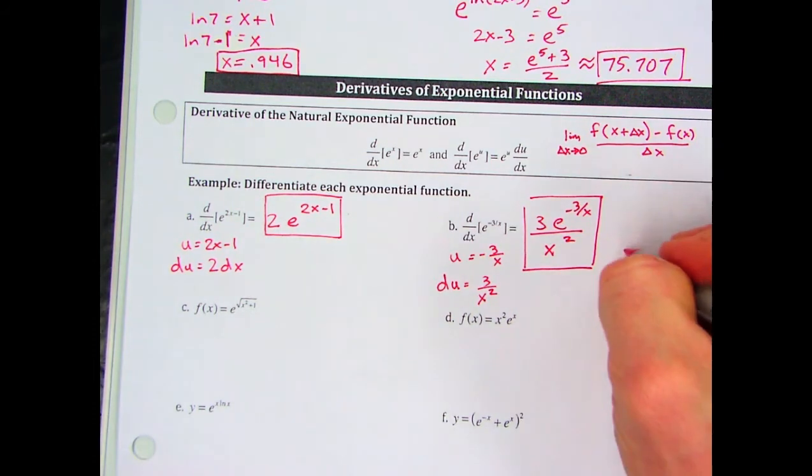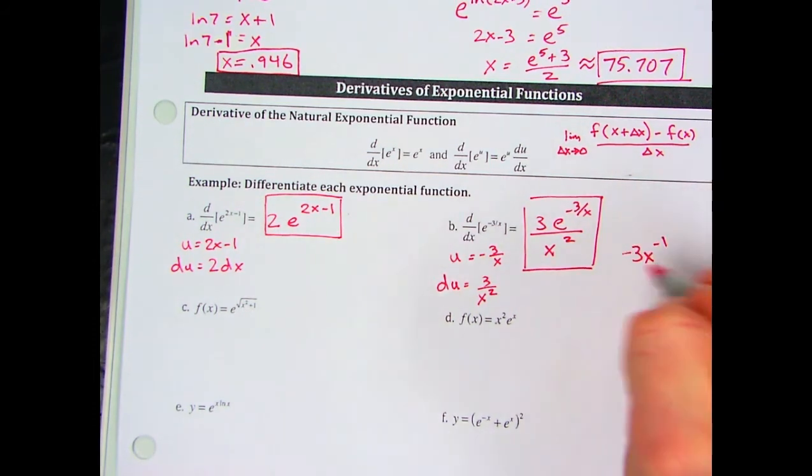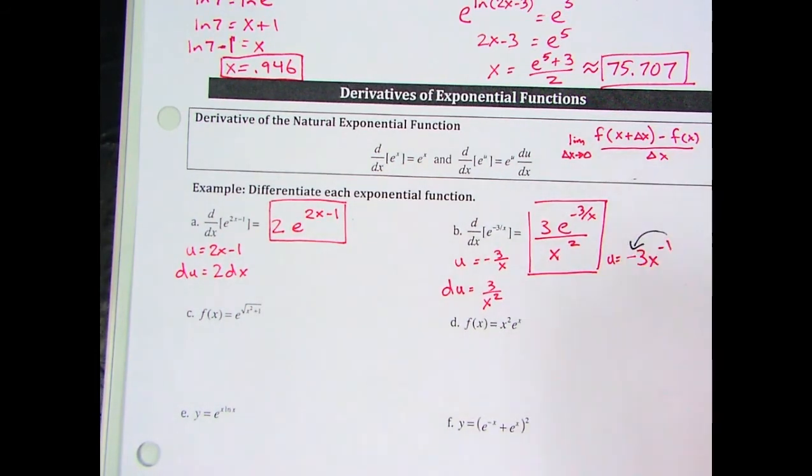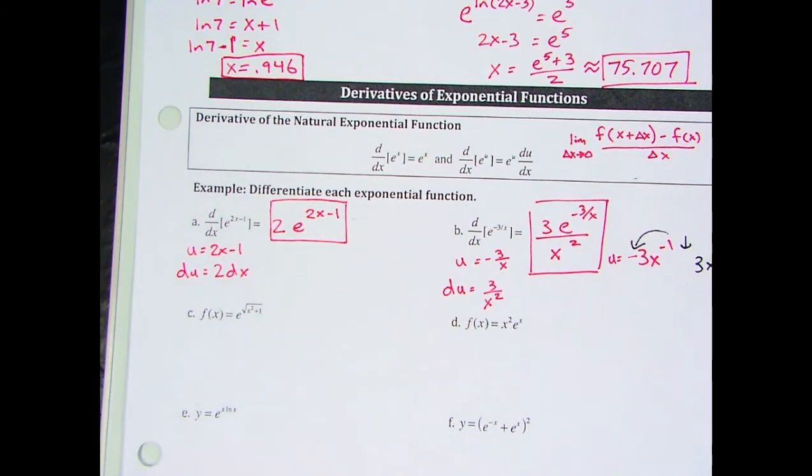So if you have trouble with that, rewrite it like this. And then maybe you can see it a little bit easier. So remember the negative 1 here, and then this goes down 1. So really I have 3x to the negative 2. Okay. So that kind of gives you some insight for our next one.